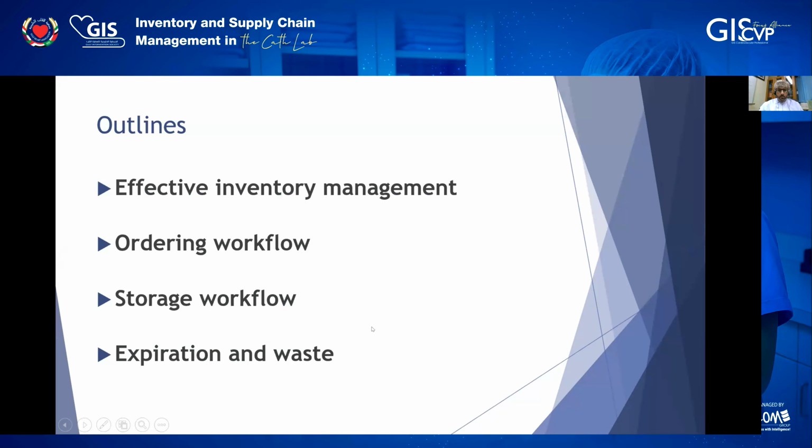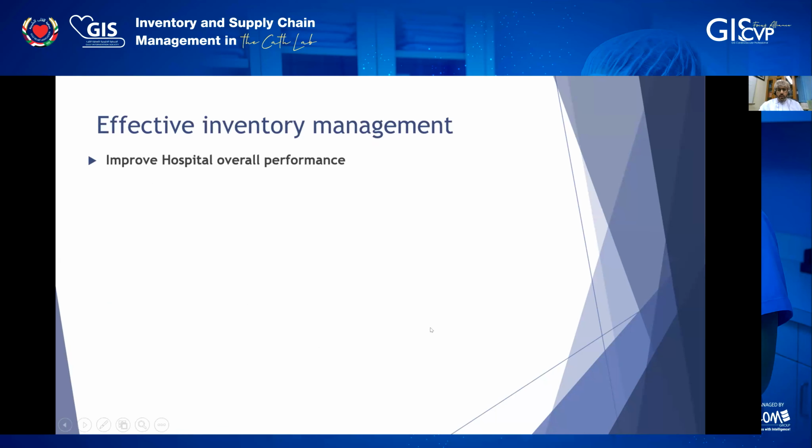In my presentation, I will go through the importance of effective inventory management in the Cath lab or in the hospital overall. Then I'll talk about the ordering workflow, storage workflow, expiration, and waste. Inventory system is important in any hospital, and an effective inventory management system improves the overall performance of the hospital.